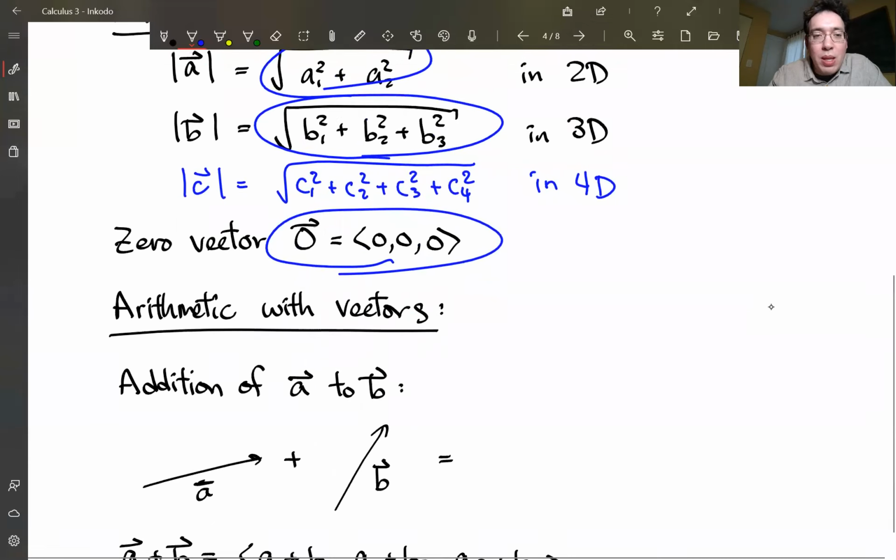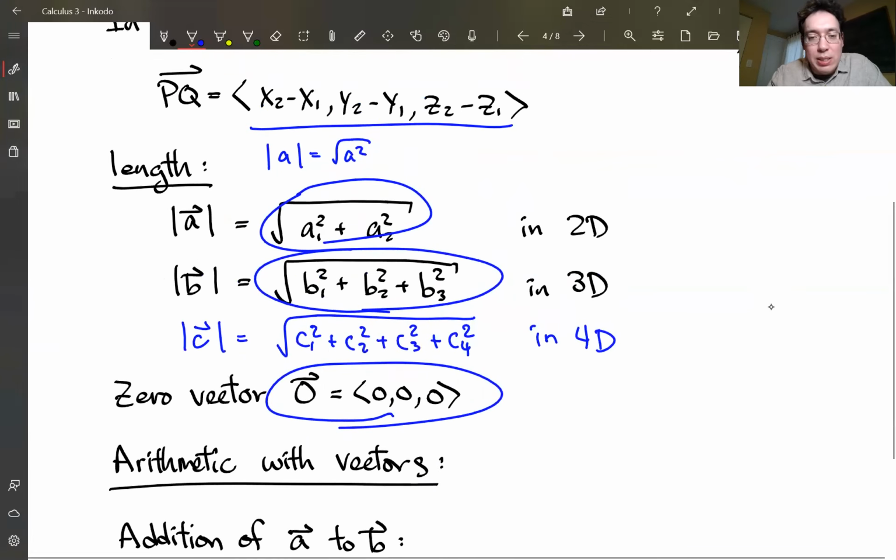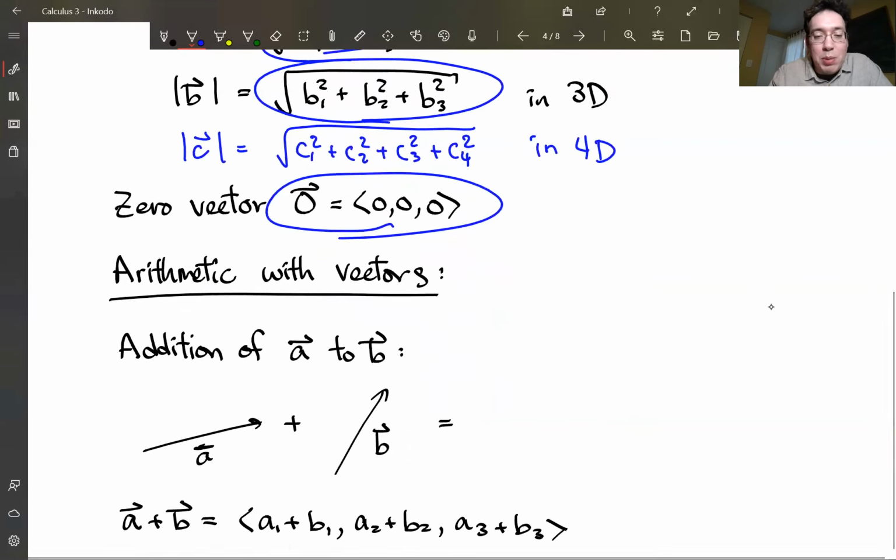Okay. So we have this new type of quantity called vectors, and I want to be able to do math with them. So I want to be able to do kind of arithmetic with them, and we can work with them kind of like we do with algebra. So we want to be able to add vectors.